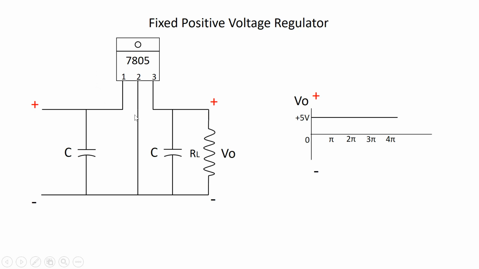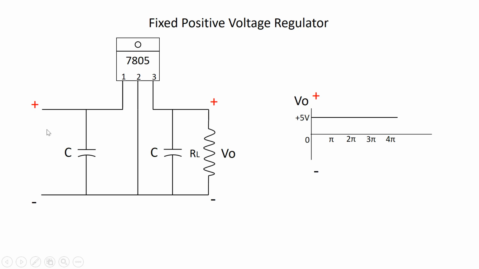The connection is quite simple, as shown in the circuit diagram. The capacitors C1 and C2 used at the input and output terminals will maintain stable voltages across those terminals.